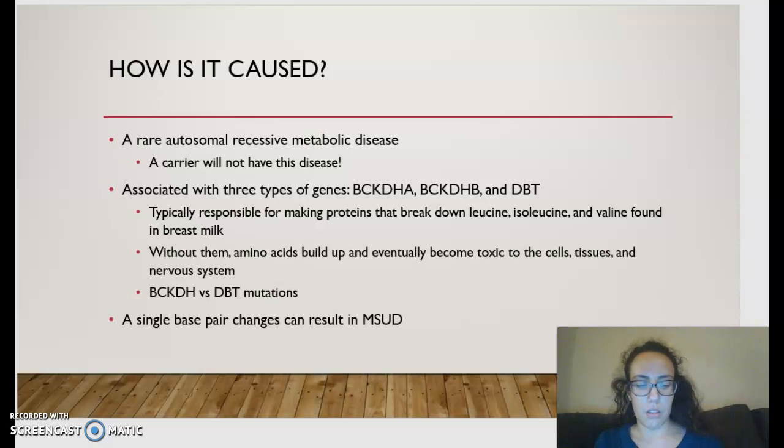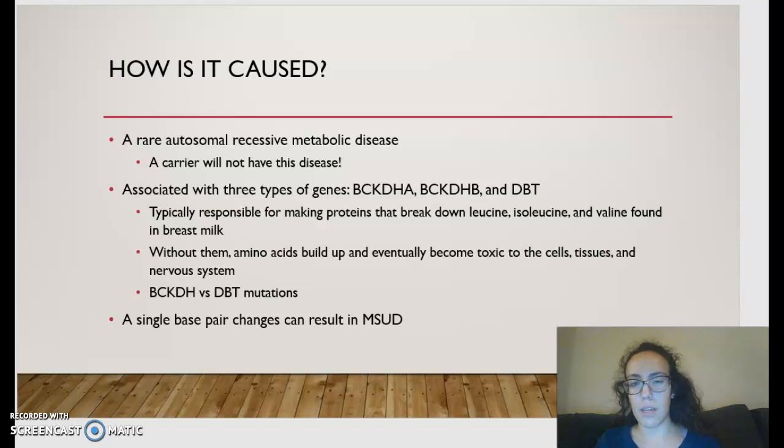This stands for the branched-chain keto acid dehydrogenase E1 alpha polypeptide, branched-chain keto acid dehydrogenase E1 subunit beta, and the dihydrolipoamide branched-chain transacylase E2. All of these genes are typically responsible for making proteins that break down leucine, isoleucine, and valine, which are all amino acids that are found in breast milk.